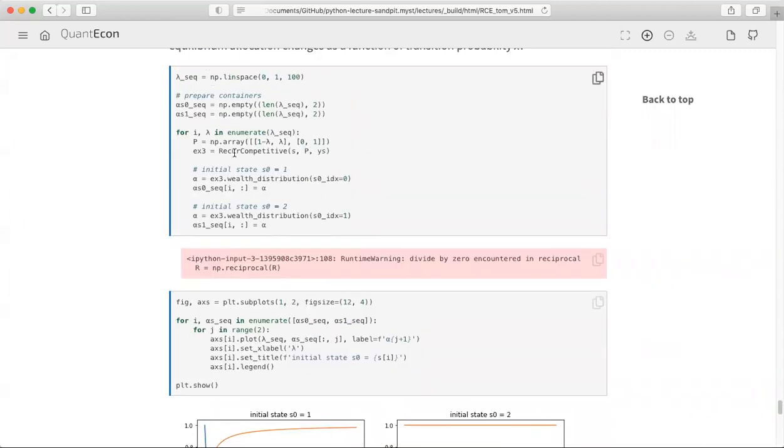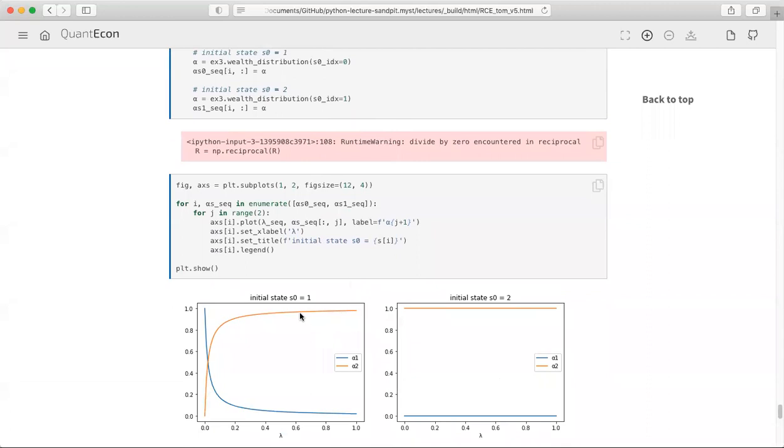We're going to study what happens as we vary lambda, which is the probability that we go from state 0 to state 1. And then you can study what happens to the distribution of wealth. If you start in state 1, interesting things happen. If you start in state 2, the poor first guy is never going to get anything because he doesn't have any wealth at all.